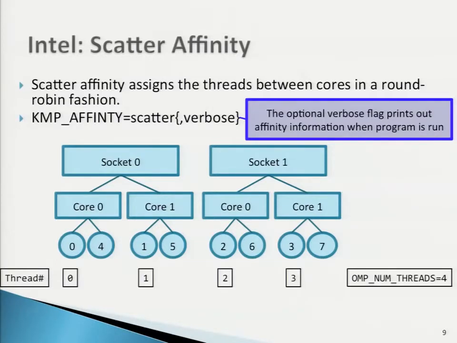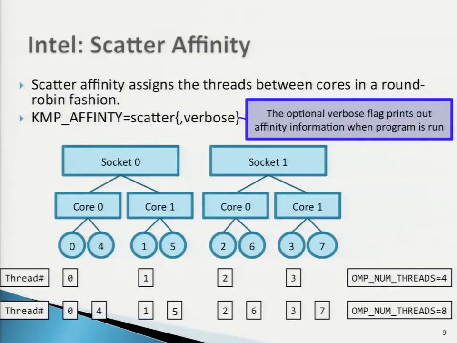So if we say OMP_NUM_THREADS equals 4 and KMP_AFFINITY equals scatter, our 4 threads will be spread out this way. The first thread will be put on the first core, the second thread on the second core, and so on. So basically it will assign 1 thread per core, which is typically what we want, because this way each thread gets all of the resources on its core.